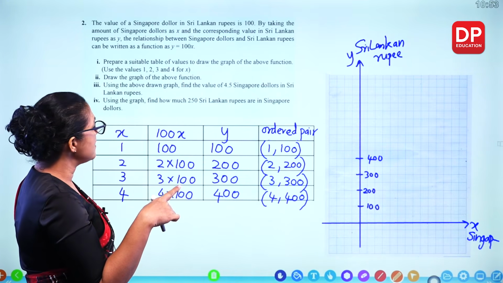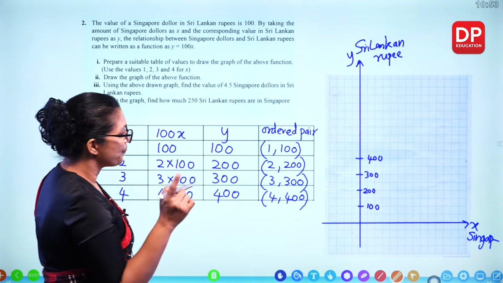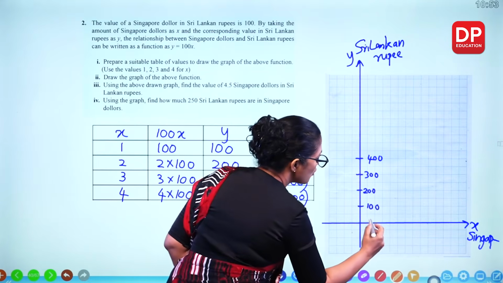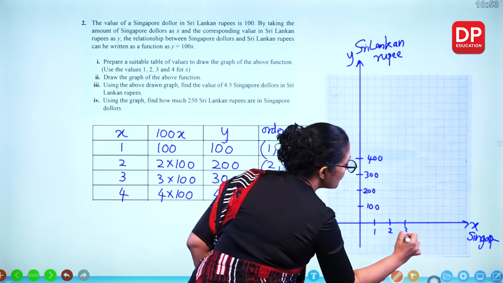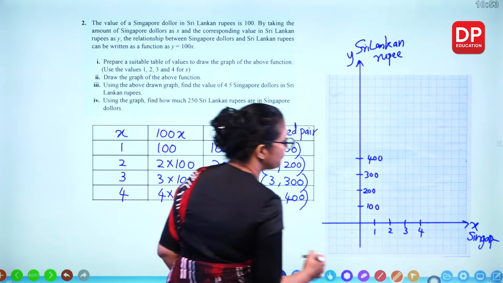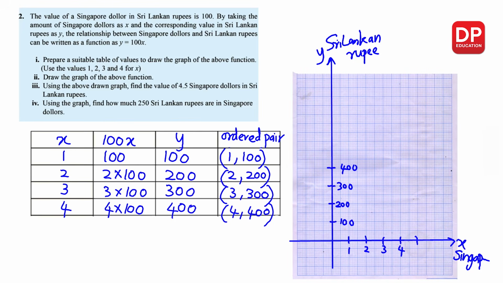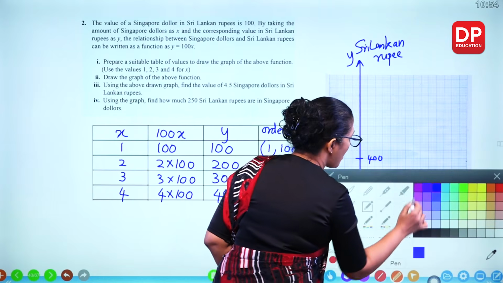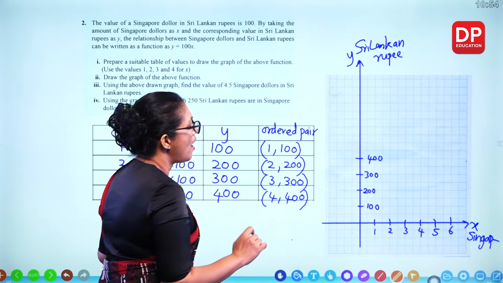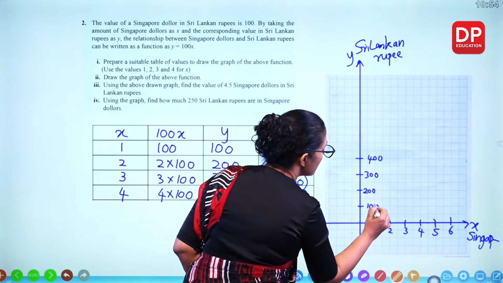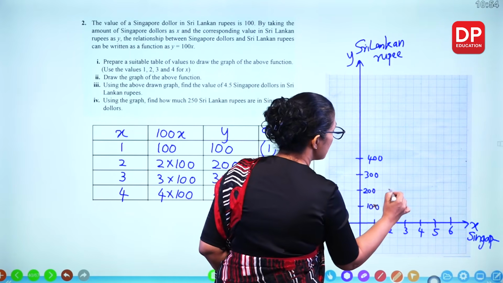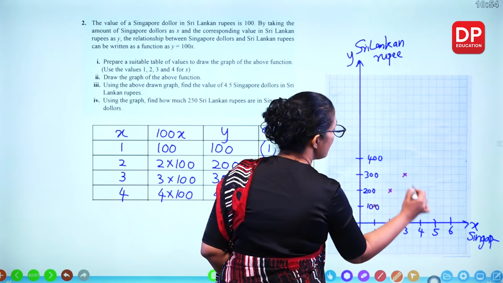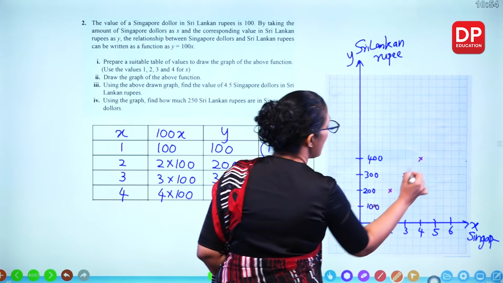And on the x-axis we have 1 to 4. We'll take 2 squares for 1 unit. 1, 2, 3, 4. And we can mark the other numbers as well. Now we'll mark the points. 1 with 100 here. 2 with 200. 3 with 300. 4 with 400.